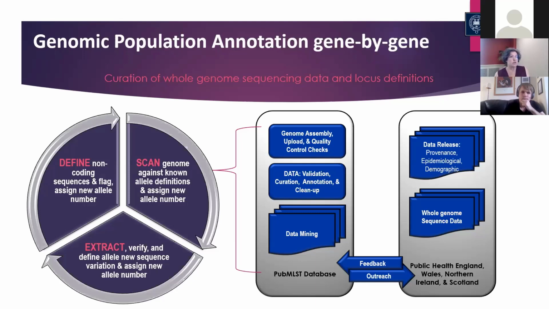So as everyone knows, the MRF Genome Library is embedded within the PubMLST database, and we are constantly curating, data cleaning, and making sure that the information in there is of the highest quality possible. This is done through an iterative process within the system itself of PubMLST and developing the systems, but it is also done through a process where we are constantly reaching out to not only our curators, but the submitters to the genome library, and getting their feedback as to what's important, what's working, what's not working.